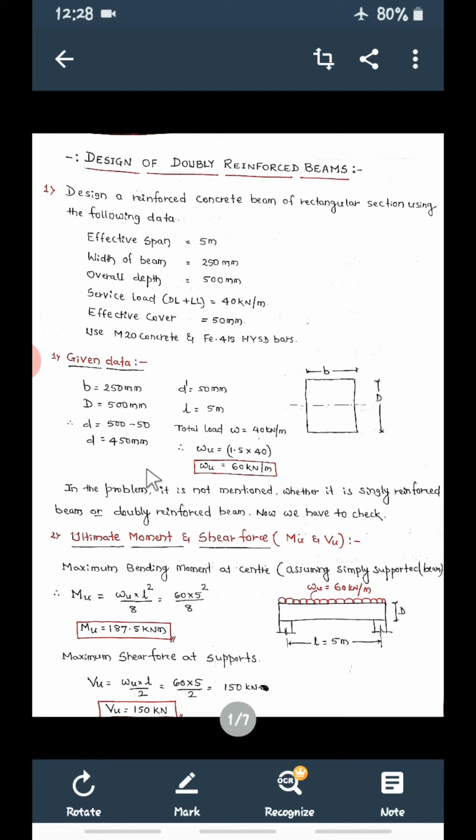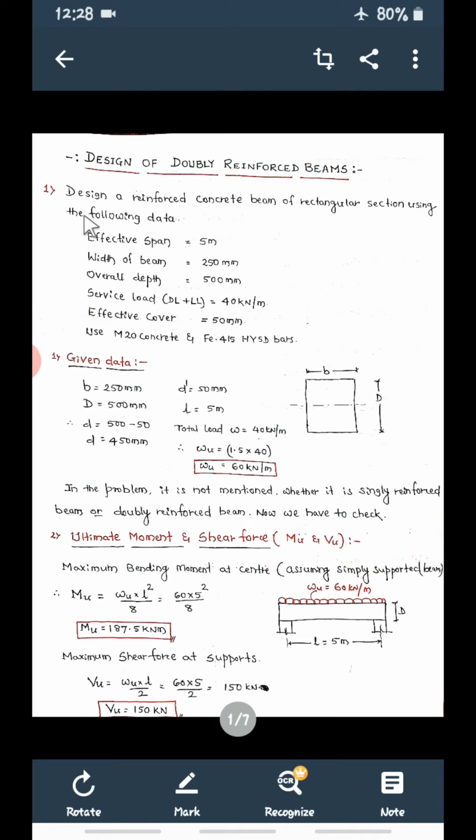Now as I told, in this problem it is not mentioned whether it is a singly reinforced beam or a doubly reinforced beam. Suppose in the problem they mention design a doubly reinforced beam, then there is no problem. But here you have to check whether it is singly reinforced or doubly reinforced. No doubt, we have written doubly reinforced as the heading, but the problem is like this.